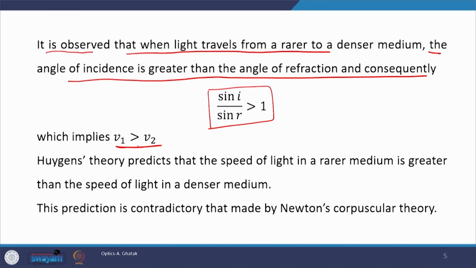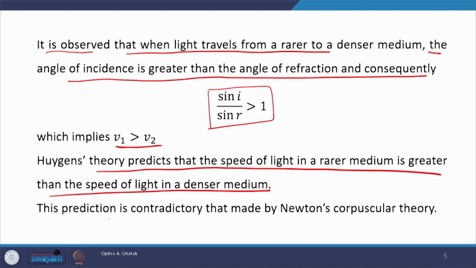It means the light will travel faster in the rarer medium as compared to the denser medium, and therefore Huygens principle predicts that the speed of light in a rarer medium is greater than the speed of light in a denser medium.